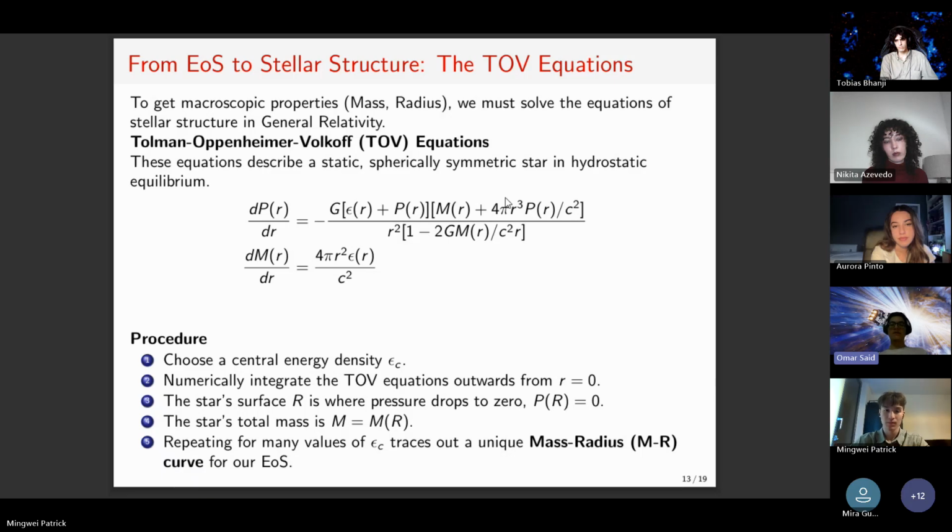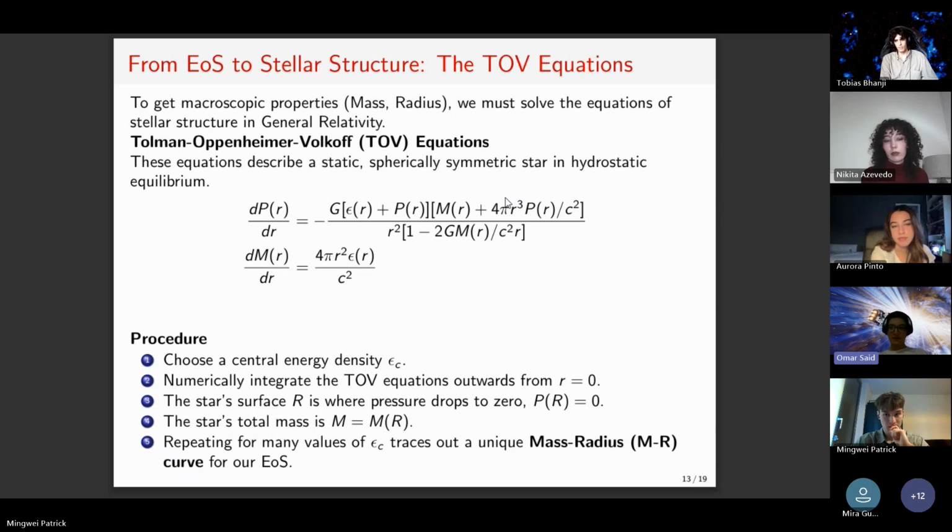If we did that and repeated it many times for many values of central energy density, then we were able to get the relation between the mass and the radius curve for our equations. And that's actually what we want. Now we will be able to see if our model is valid or not.